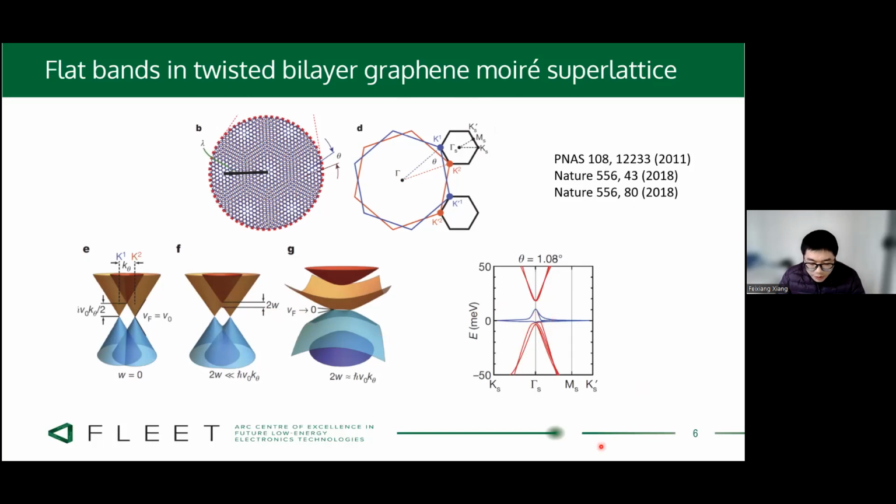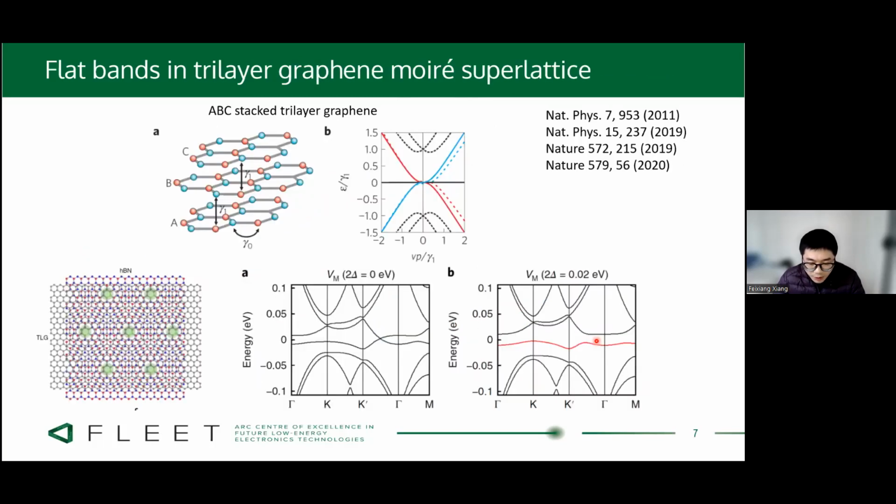The other case where a very flat band is observed is ABC stacked trilayer graphene aligned with the hBN.